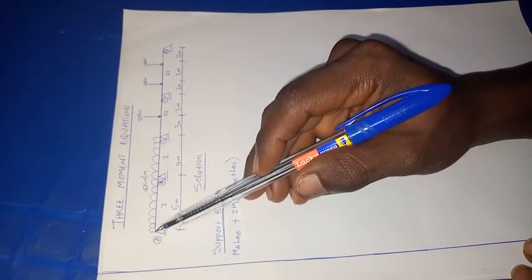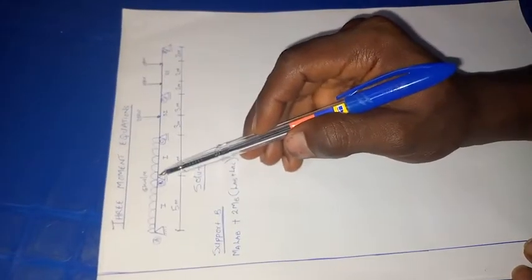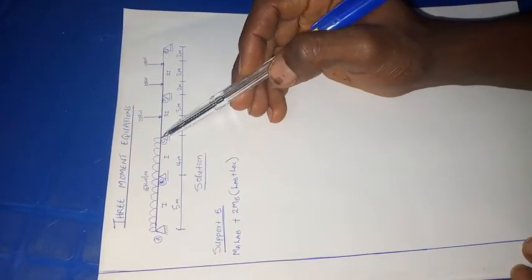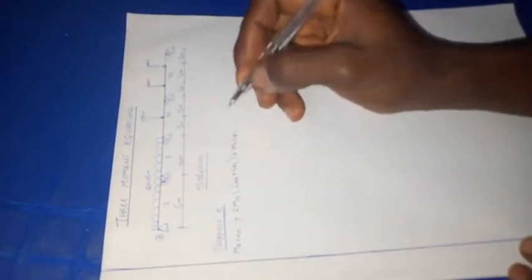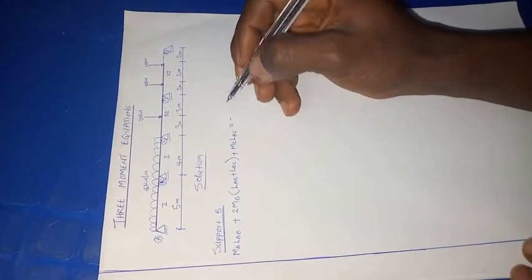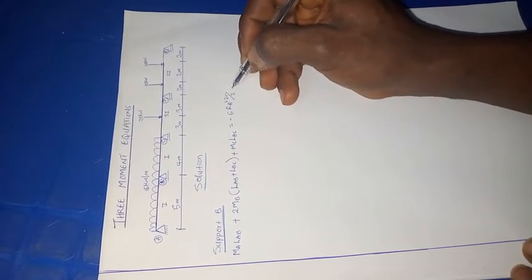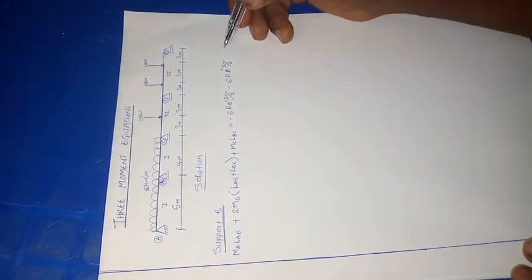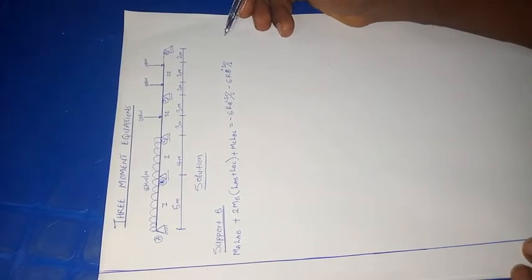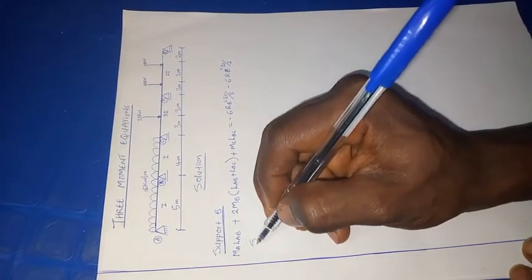Then plus moment at C multiplied by the length of B to C, equal to minus 6 reaction at B left I naught over I, minus 6 reaction at B right I naught over I. This time around, I'm not going to be adding my settlement term, which is 6EI times the settlement value.